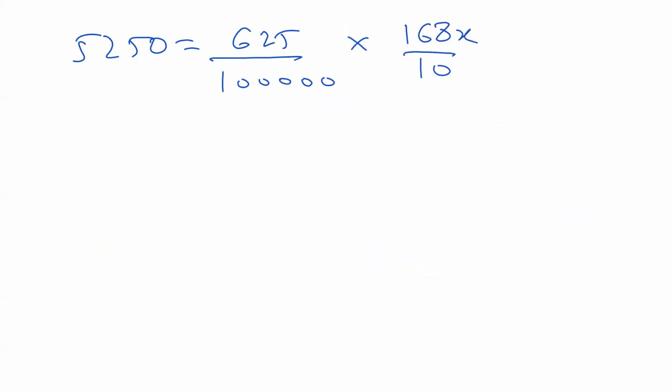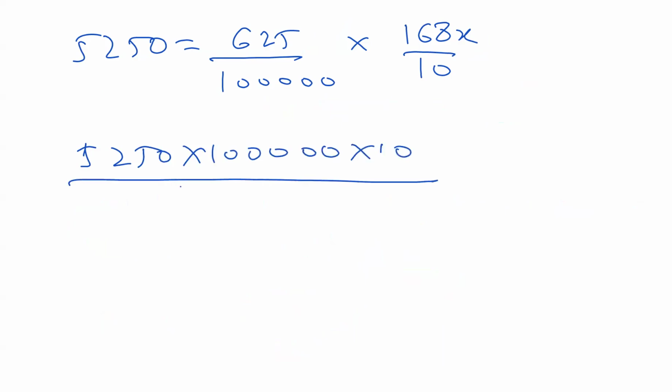So just cross multiply this. 5250 into 10 into 10^5 upon 625 into 168 is equal to x.